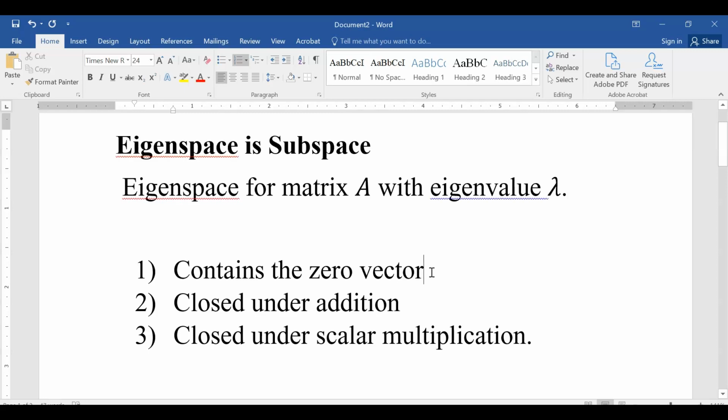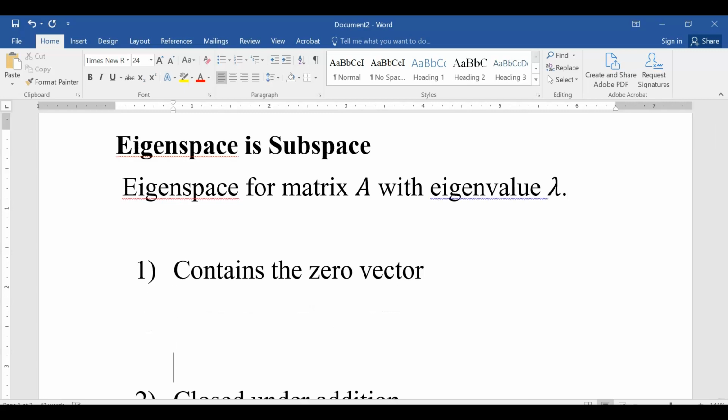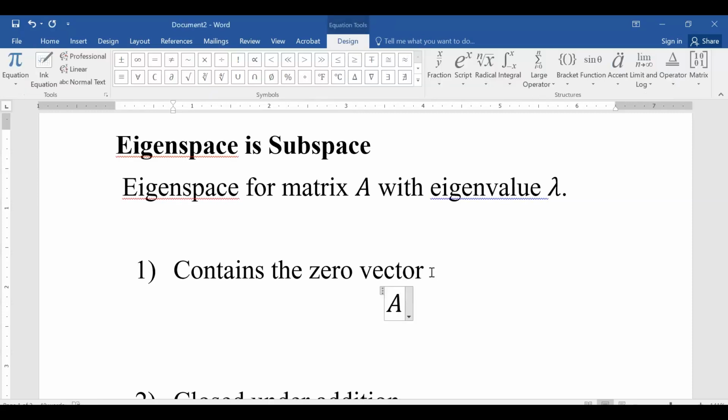So first off, contains the zero vector. All we have to say is that if you take any matrix A, you multiply it times the zero vector, do you in fact get lambda times the zero vector?